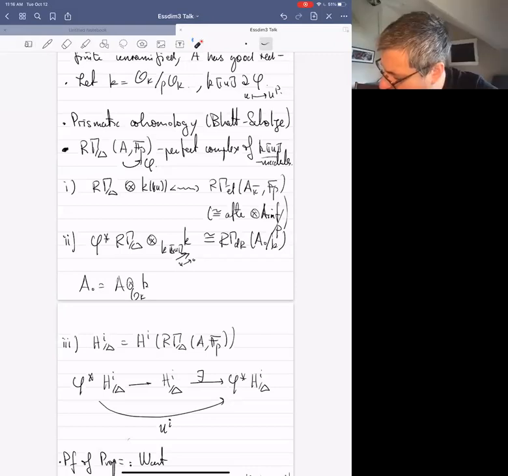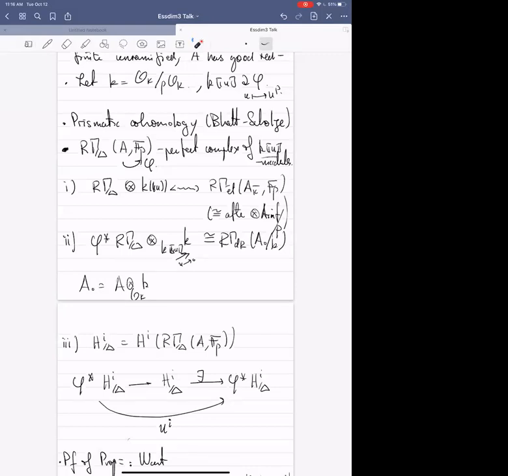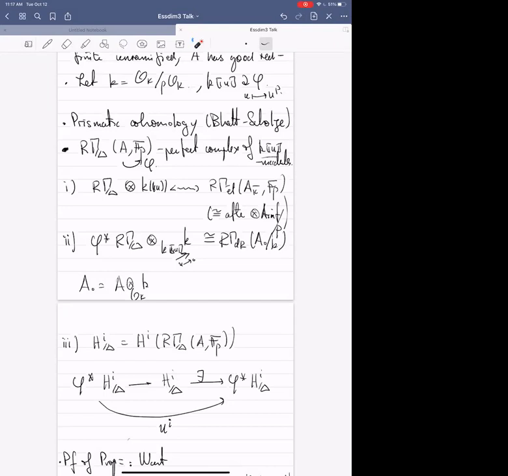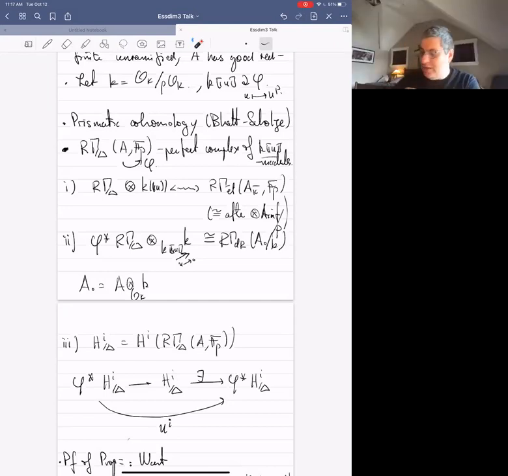You mean where they don't match or where they do match? When they don't match. You mean like these questions we had about how do you do this in characteristic L different from P, for example? Yeah, exactly. Right. Probably that's always an issue.